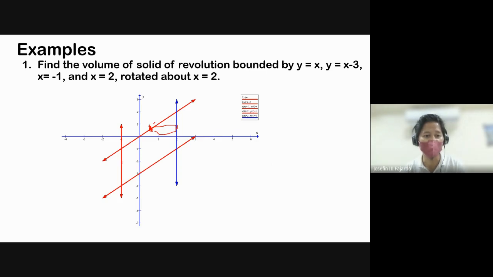So instead, ang gagawin natin, kapag gumamit tayo ng vertical rectangle, mapapansin natin na yung upper part ng rectangle, kahit saan tayo gumawa, it will always be consistent. Okay. Can you follow, guys?